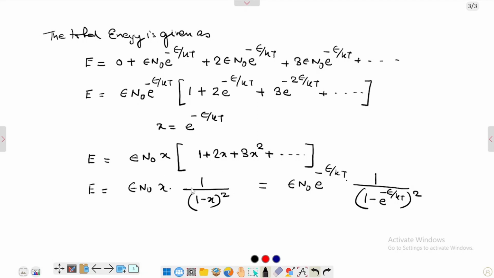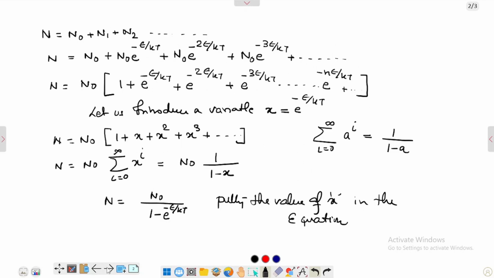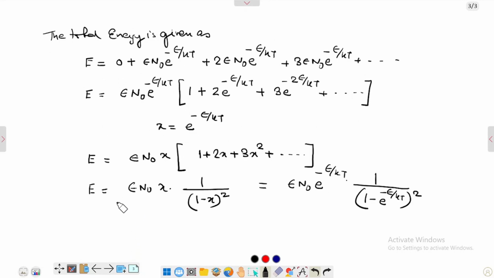So I got my energy E in this format, and in a previous slide, if I go to the previous one, I got N. So I got N, as well as in this slide I got my E. I have started with my formula epsilon bar, the total amount of energy E divided by N. So if I plug the values of E here, and divide it by N, what is my N?